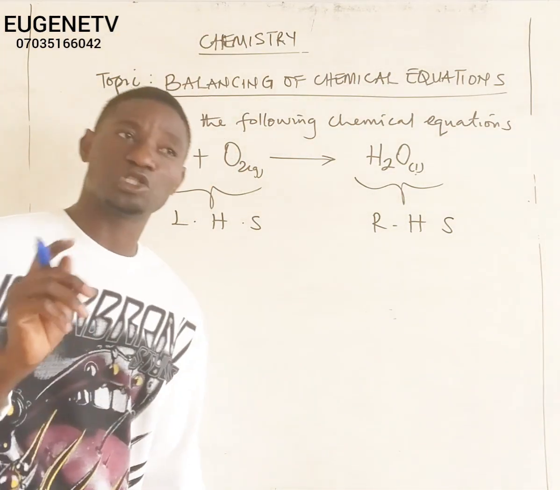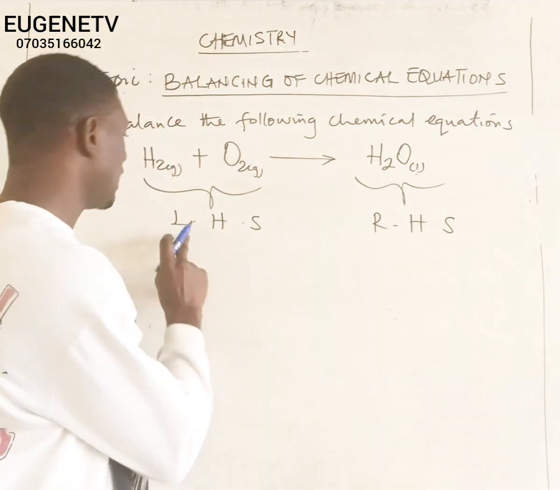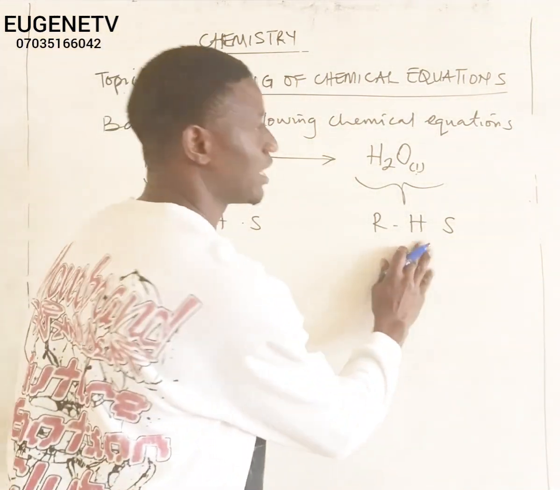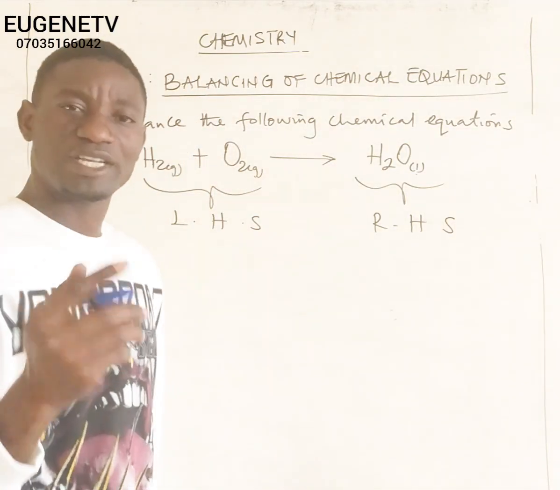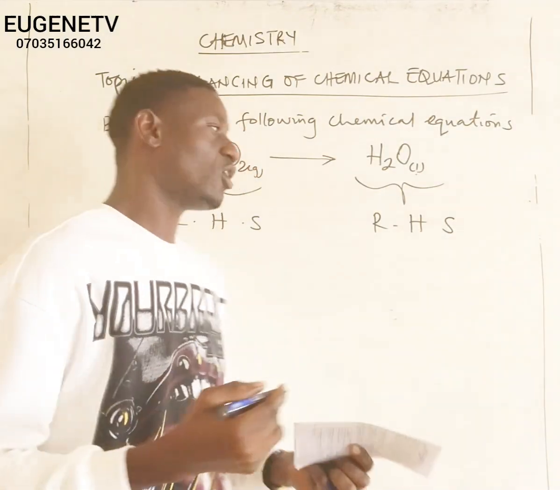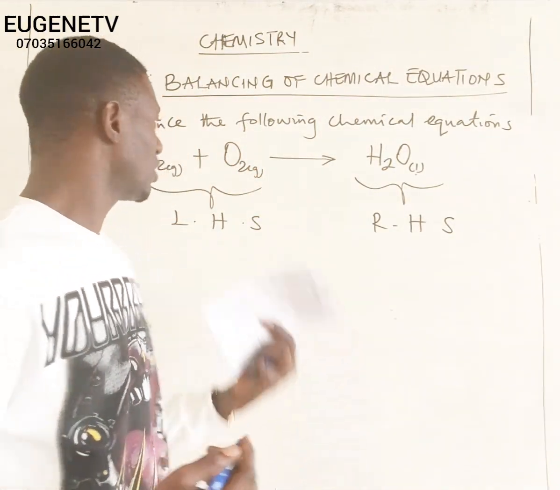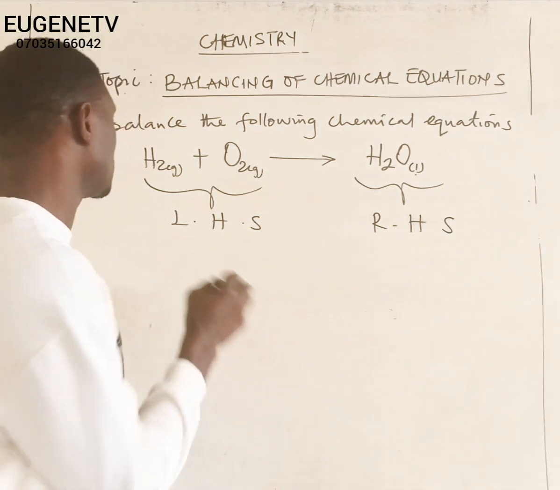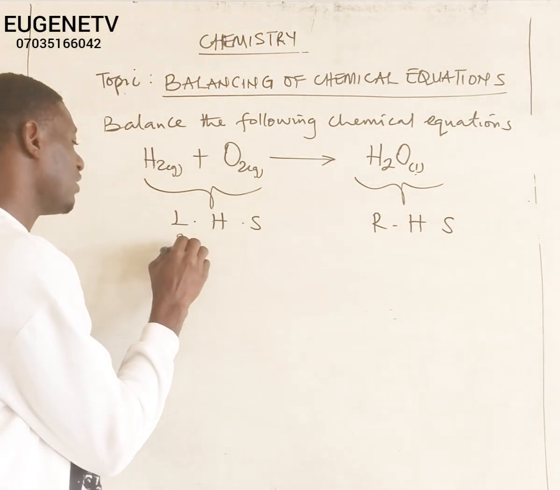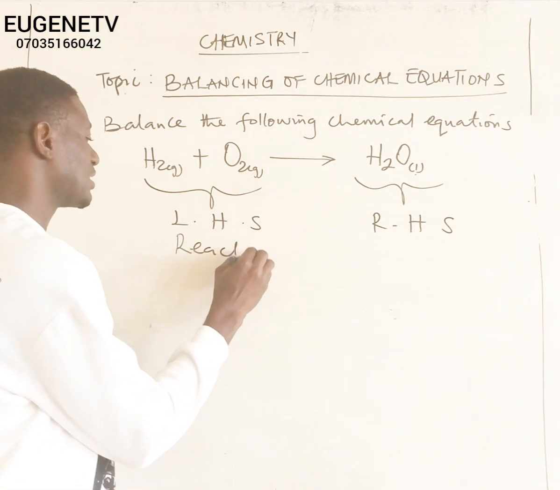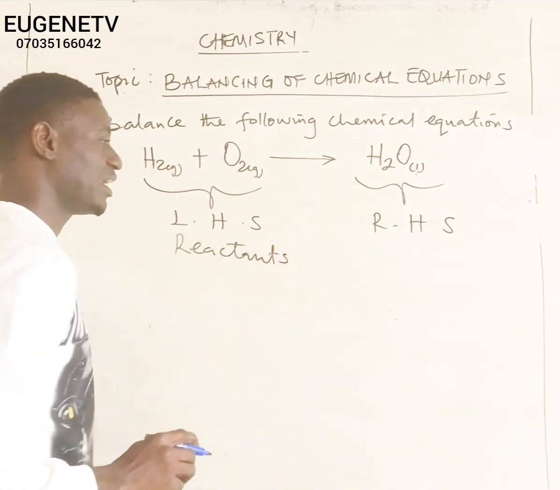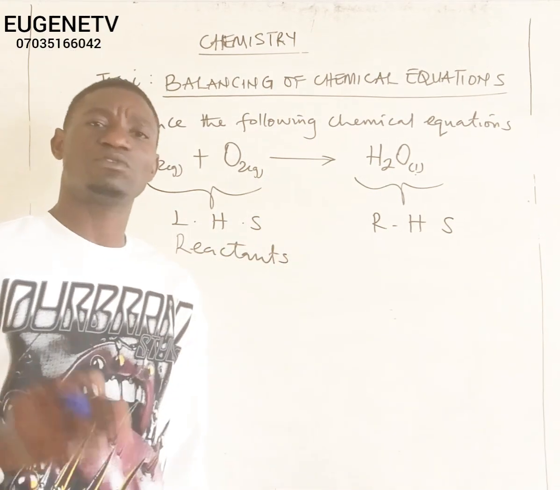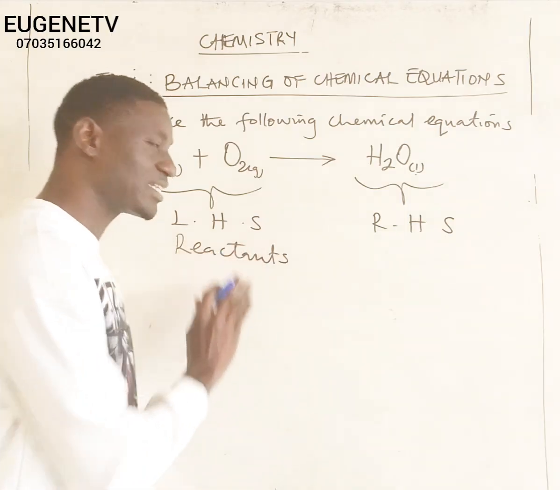A chemical equation must always contain a left-hand side and a right-hand side. All the substances found on the left-hand side of the equation are known as reactants. They are called reactants because they are the ones that reacted, or combined.